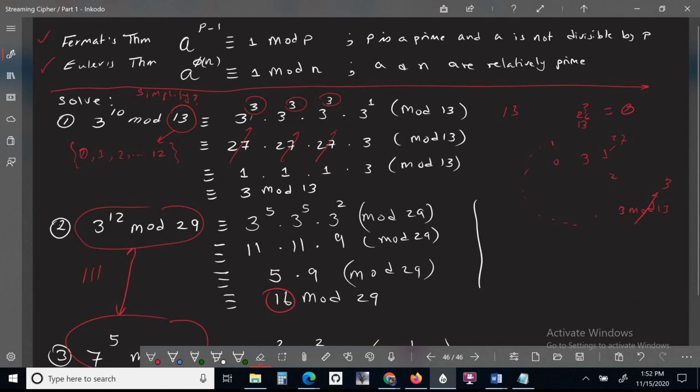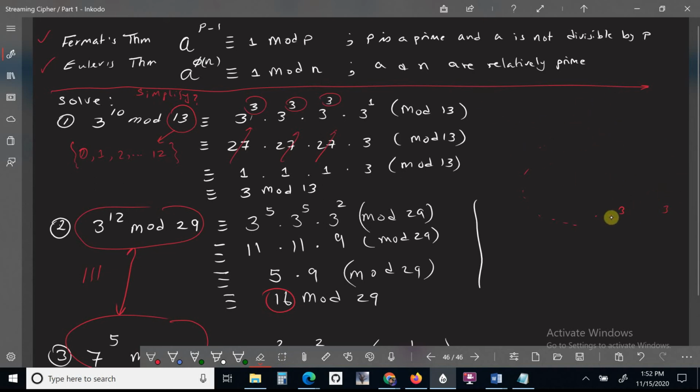Let me see, there's another quick way for erasing here. Yeah, I think this is better.